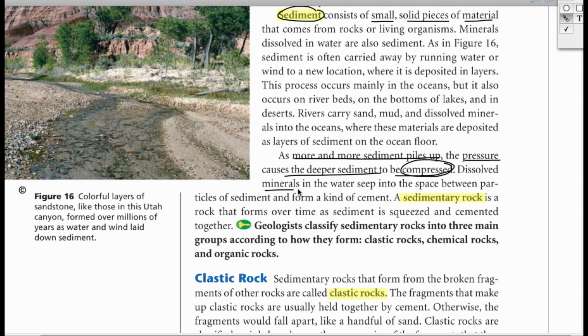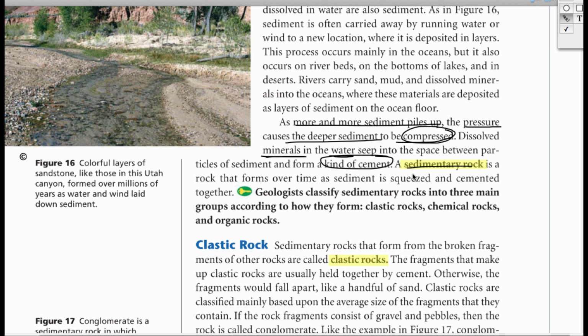Some of the minerals that are in the earth mix with water and kind of cement everything together. The sedimentary rock then is formed. So sedimentary rocks are tiny particles of rock material, maybe even organic material, and they are squeezed and cemented together over time, and that is then creating what is called a sedimentary rock.